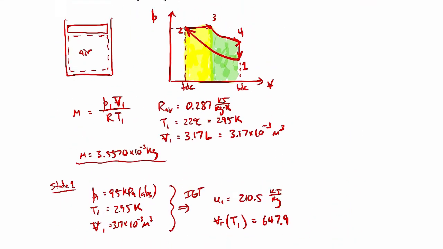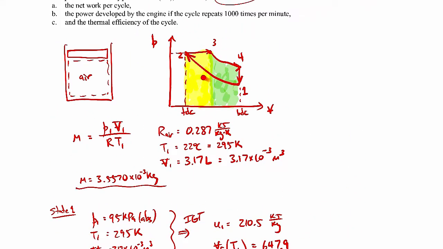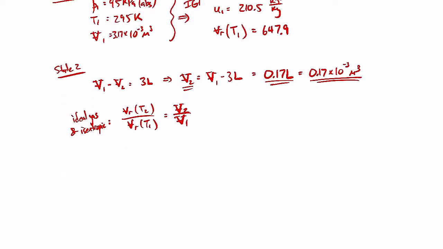If you go back up here from 1 to 2, this is isentropic compression of the air. Since the air is an ideal gas and this is isentropic, we can make use of the relative volumes. So we can rearrange this to solve for the relative volume at T2.